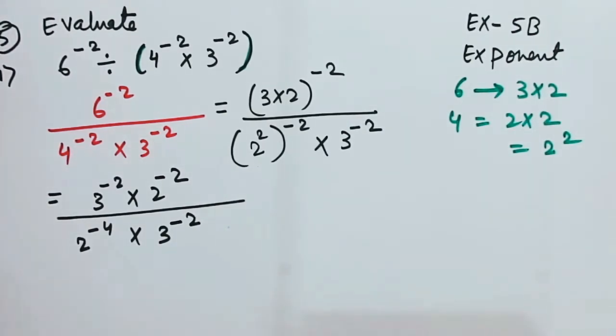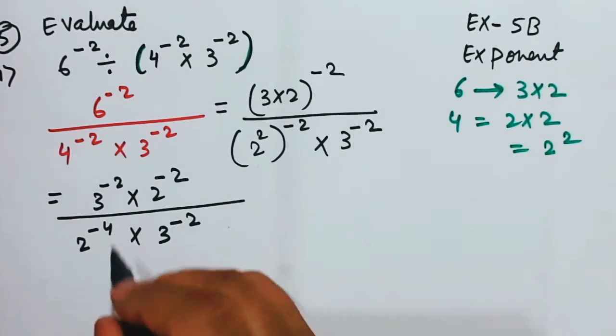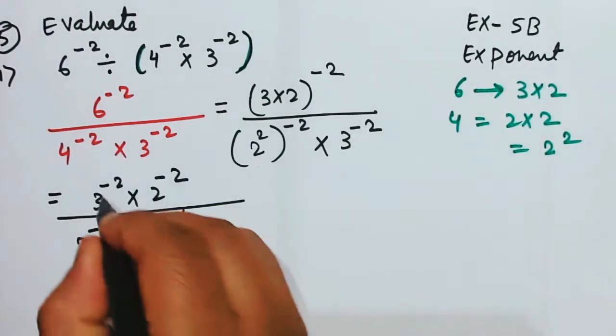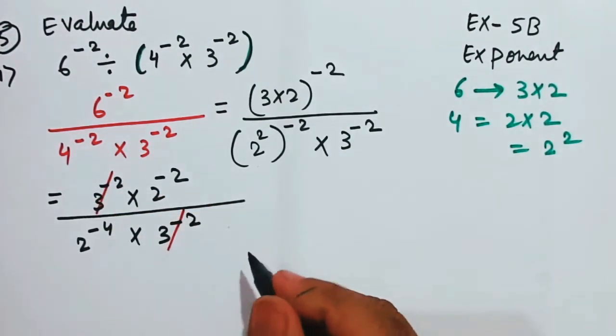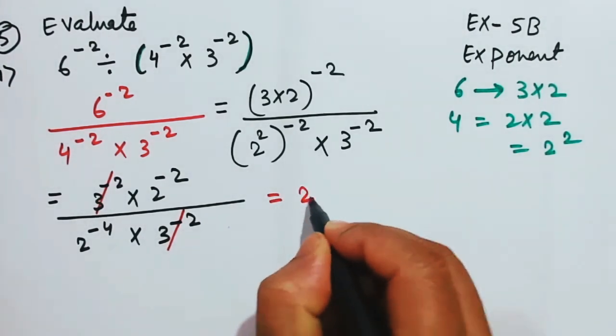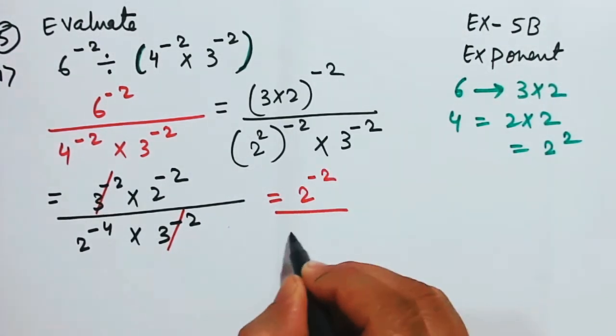Now when you closely observe this, you will find that this will get cancelled. So what will remain? 2 to the power minus 2 by 2 to the power minus 4.